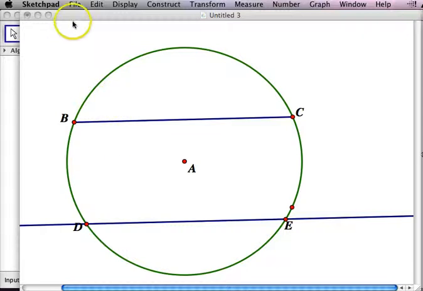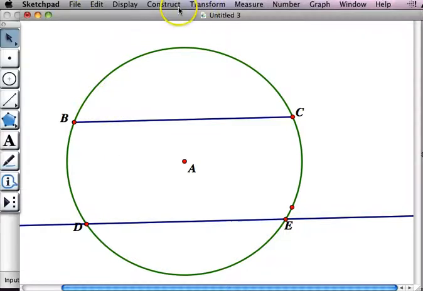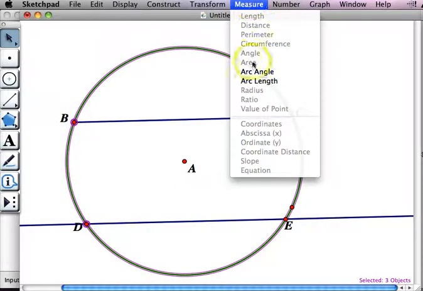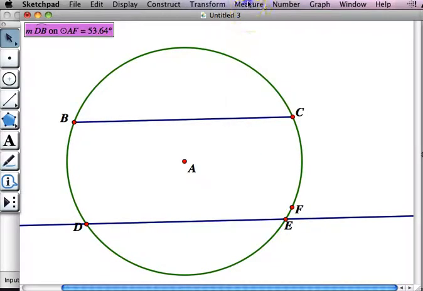Alright, so we have our circle, we have our parallel lines, and let's just go ahead and do some measurements. Why don't we just measure up the arc? So we'll go from point D, circle B. Let's measure up that arc. We'll measure both the arc angle and arc length.